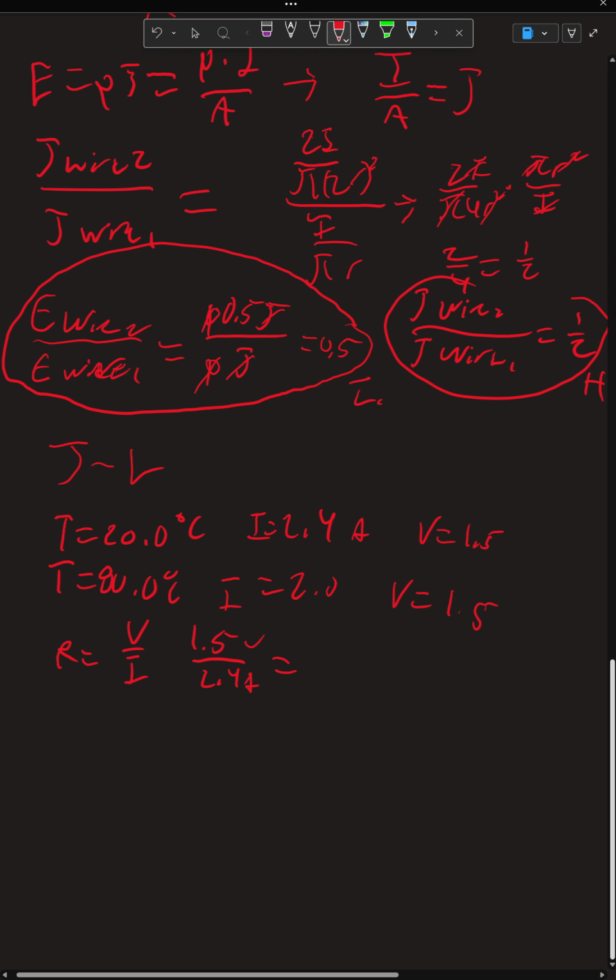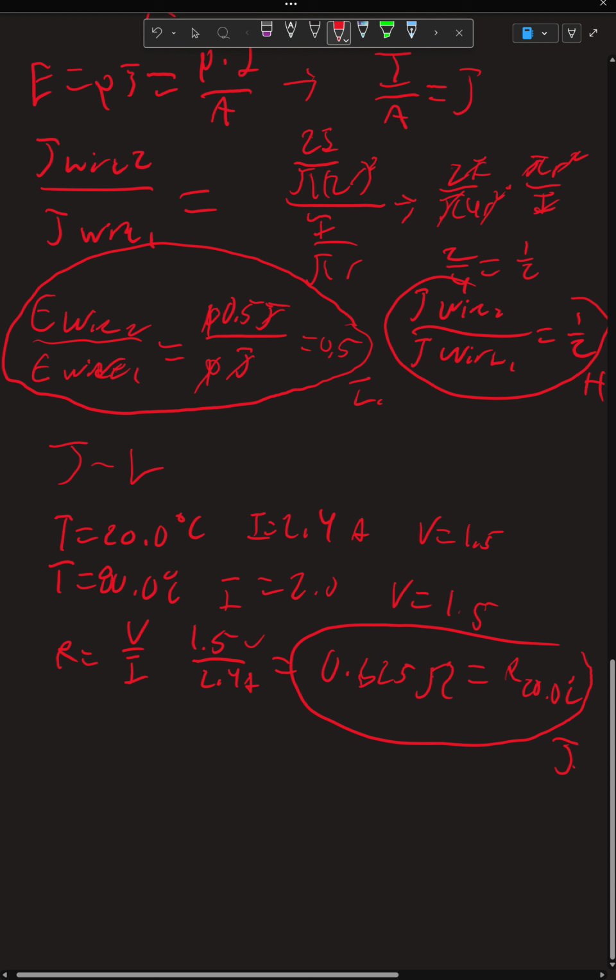Plug that in, and that'll be 0.625 ohms. That's for J, at 20 degrees Celsius, R at 20.0 C.